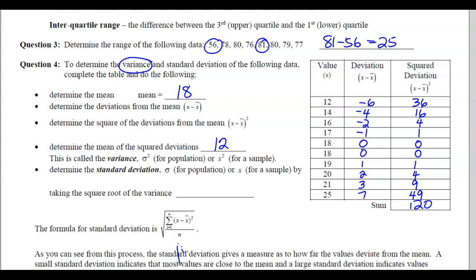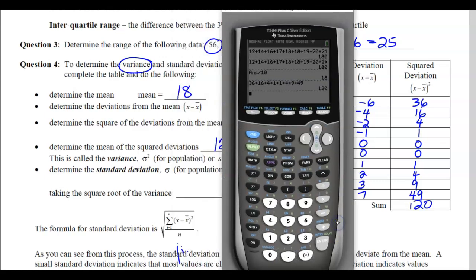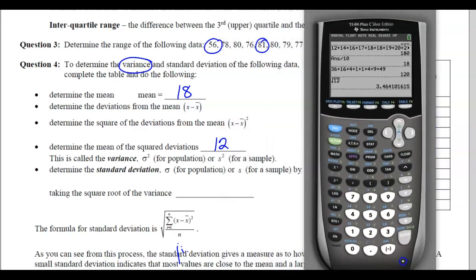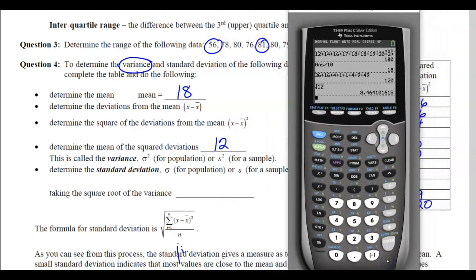Okay, so now take the square root of 12, and that's going to be your standard deviation. We usually use decimals, not exact values. Now, I didn't say what to round to, so let's go to 2 decimal places.